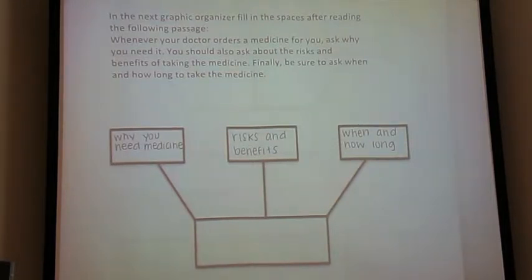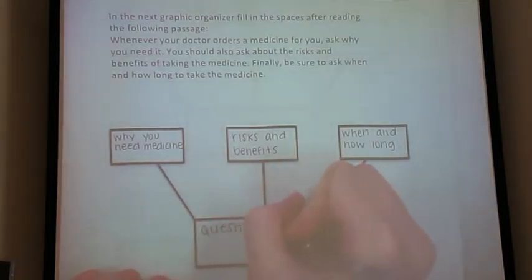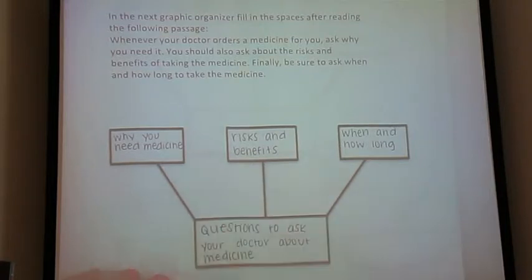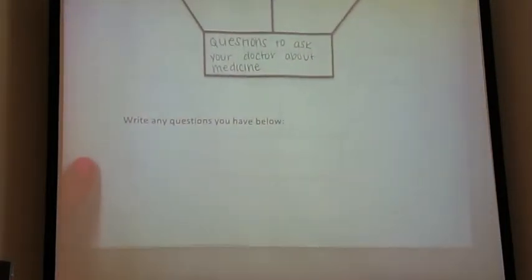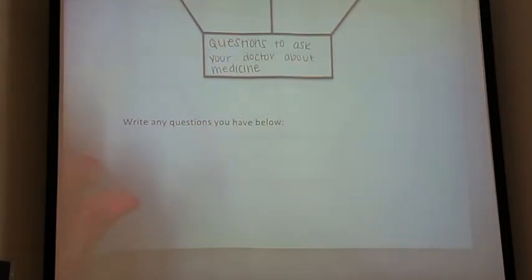Now for our main idea. Based on these 3 details, what did you get as your main idea? Was it questions you should ask your doctor about medicine? Yeah? Awesome. If you have any questions, write them down here at the bottom of your paper to ask your teacher in class tomorrow.